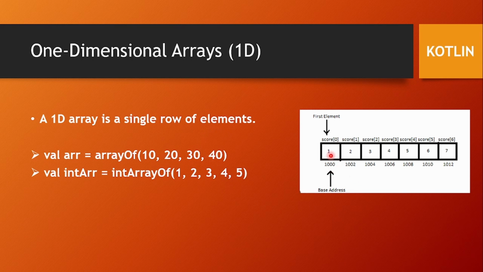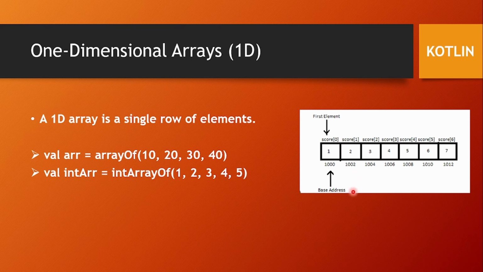In this example, you can also see the memory representation of how our 1D arrays are stored inside of our memory. This is the memory address 1000, 1002, 4, 5, 6. These are the memory addresses where the elements are stored contiguously. At the top you can see the indices of our array: arr would be the array name, and 0, 1, 2, 3 are the indices.